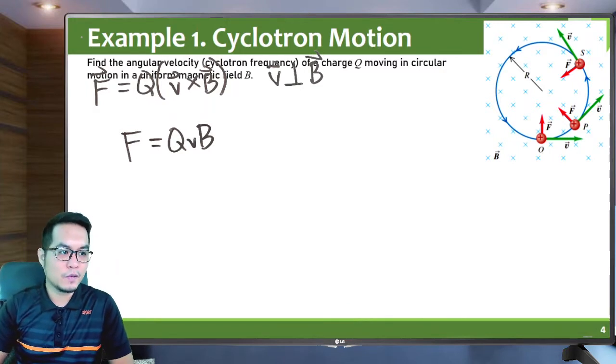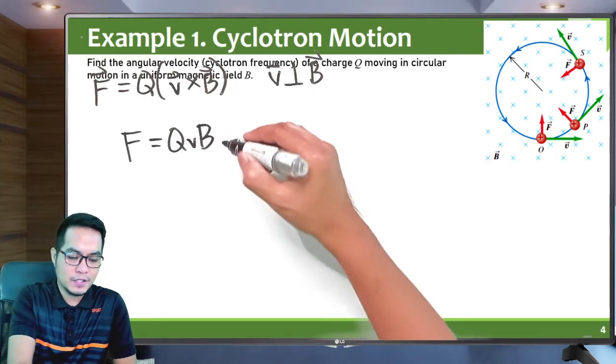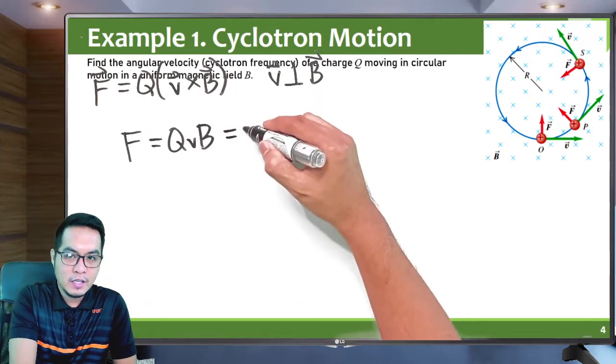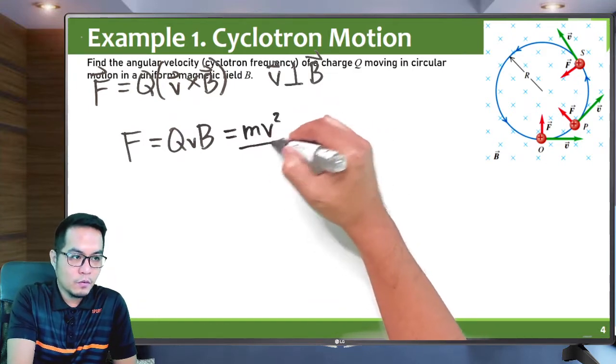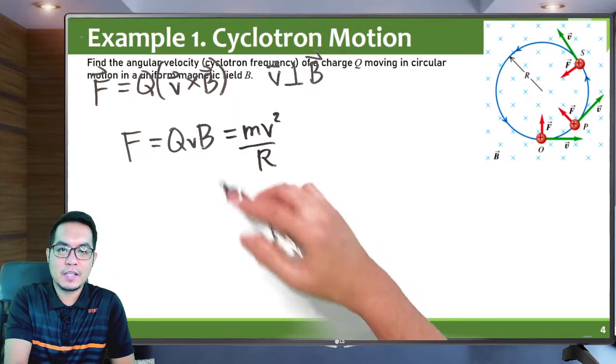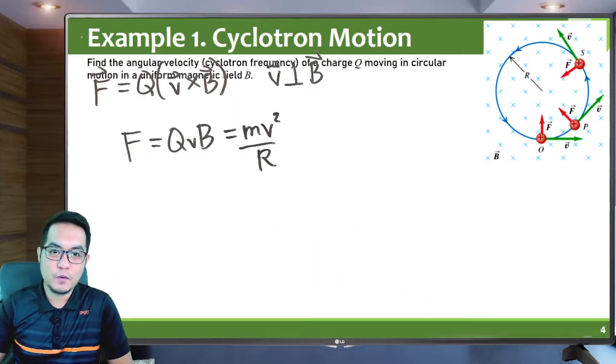This is the magnitude of the force. Now, I have mentioned earlier that this force is a centripetal force. So a centripetal force is just mv squared over r. So this is the centripetal force in uniform circular motion.